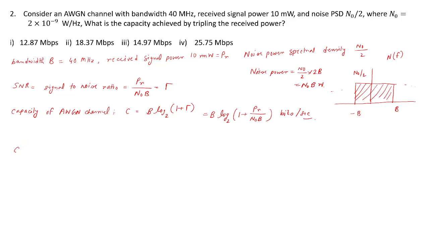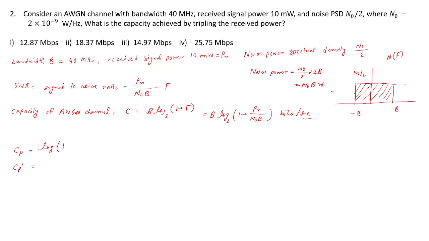We denote it as CP, and CP dash is the capacity asked in the question.